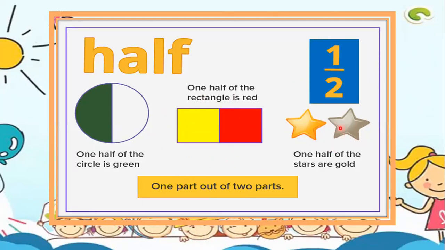Then you can see here there is a group of 2 stars. There are total 2 stars, so we have written 2 in the denominator place. Out of which one half of the stars is gold, so we have written 1 on the numerator place.